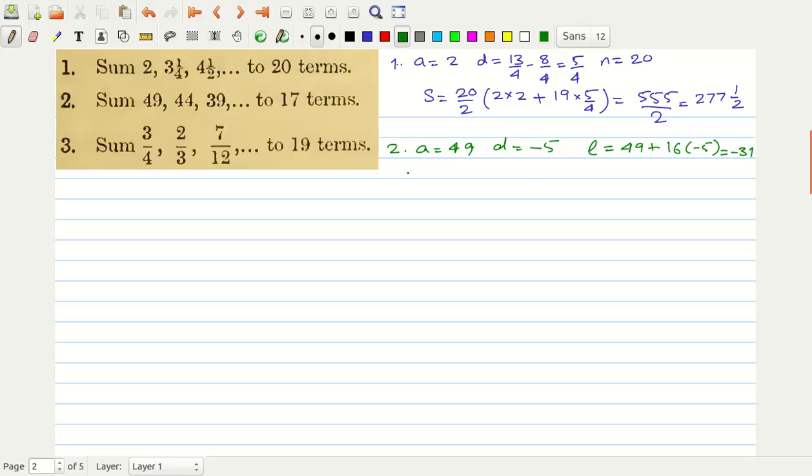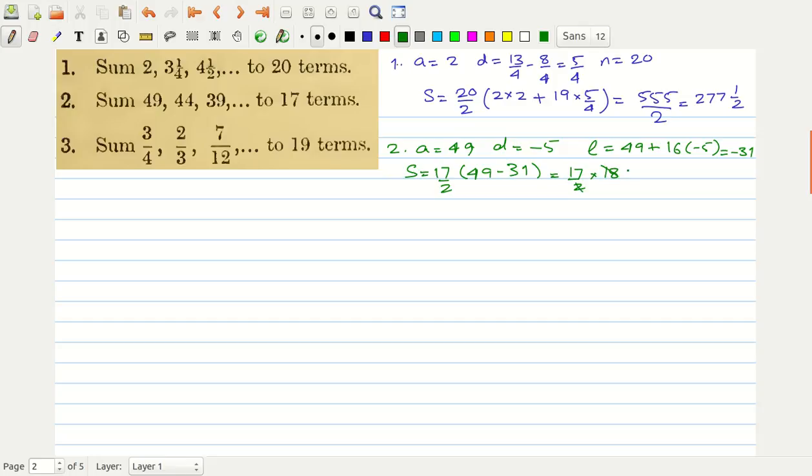Now what will be the sum? Sum will be n by 2, which is 17 by 2, into A plus L. So L was minus 31, 49 minus 31, and you get 17 by 2 into 18.